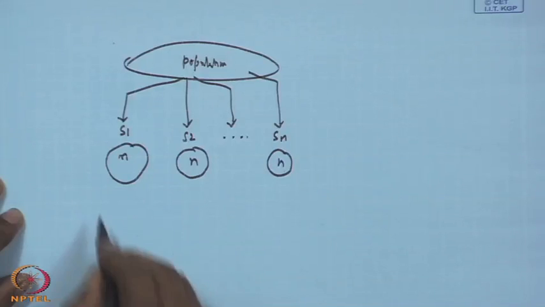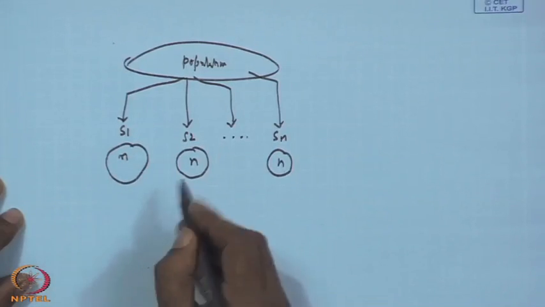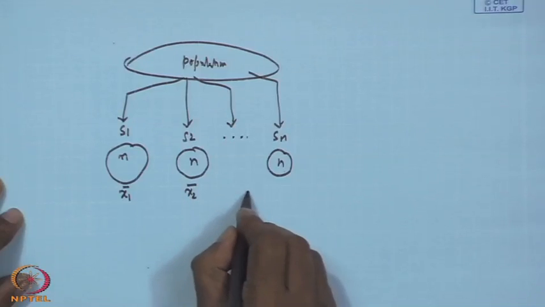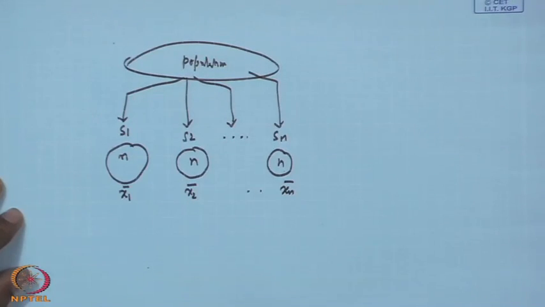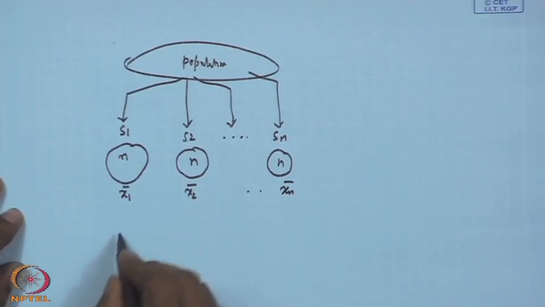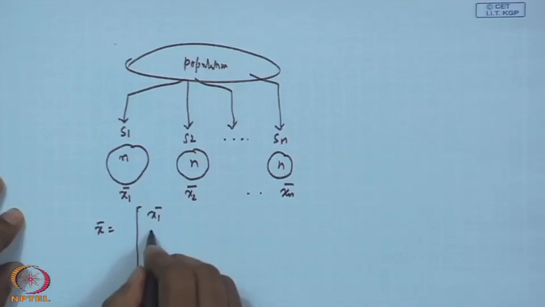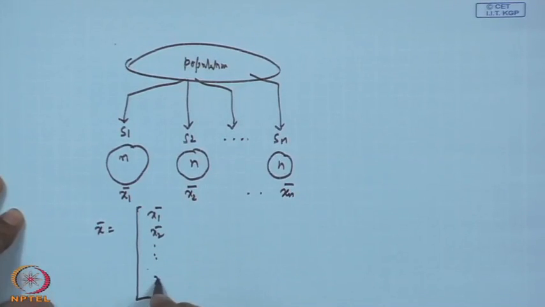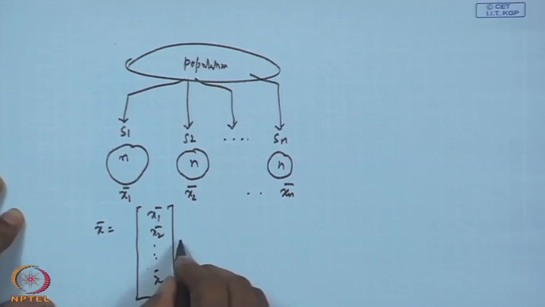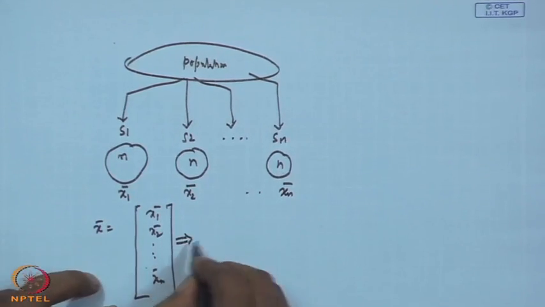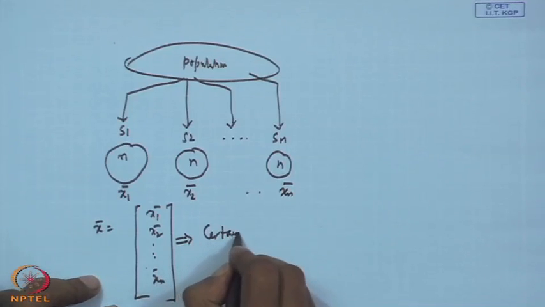If you calculate the point estimates, they will be x1 bar, x2 bar, like this xn bar, in vector form. So, this follows a certain distribution. Last class we have seen this follows a certain distribution.